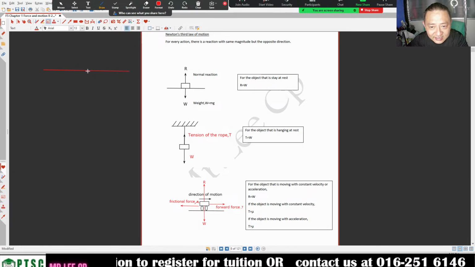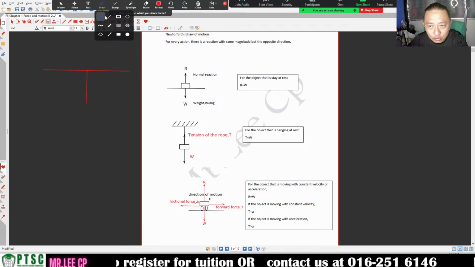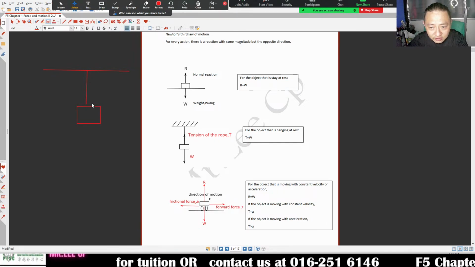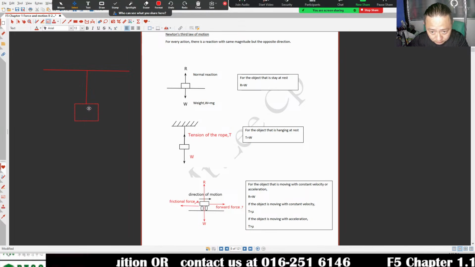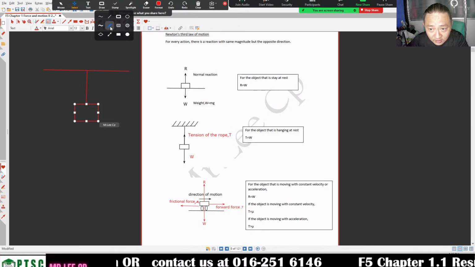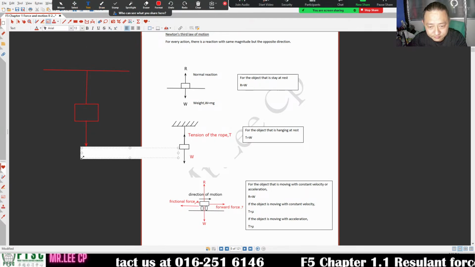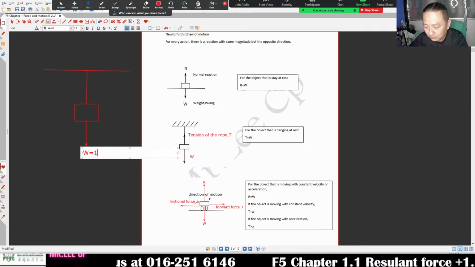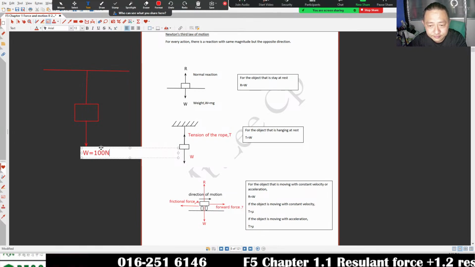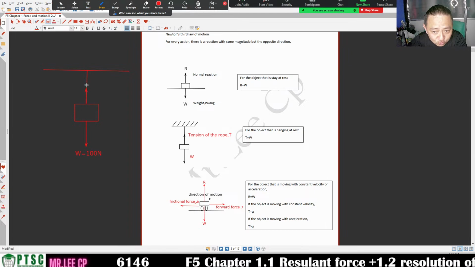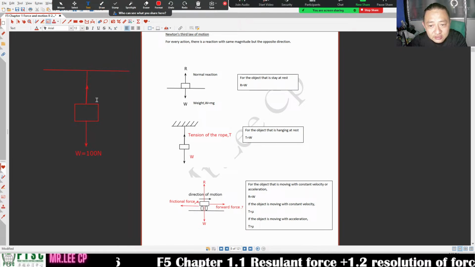If I got one rope, one tali, hanging on the ceiling, not the wall. Let's say this one has a weight of 100 Newton. This rope must have one force to support it. How much is this?